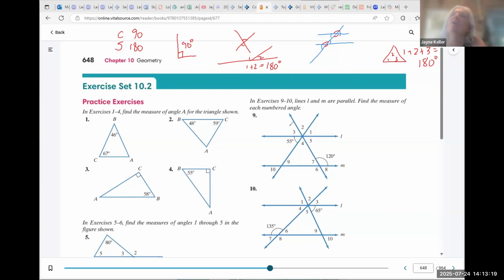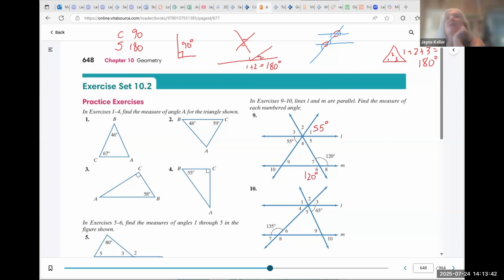So when I come over here, do you see any vertical angles? Isn't it the one and the 55? Yes, so this one's 55. What else? 120 and 6. Good.